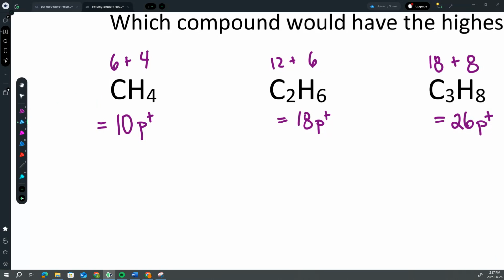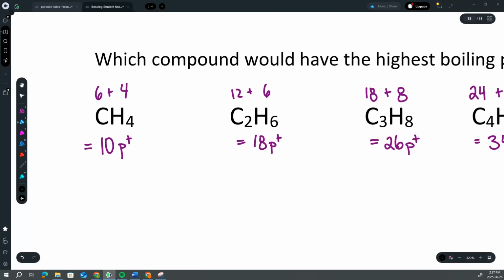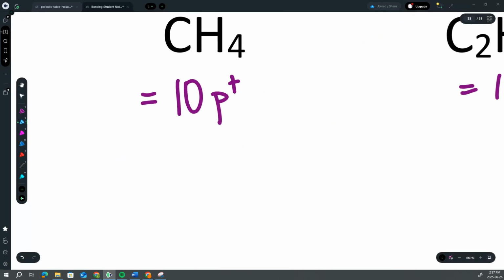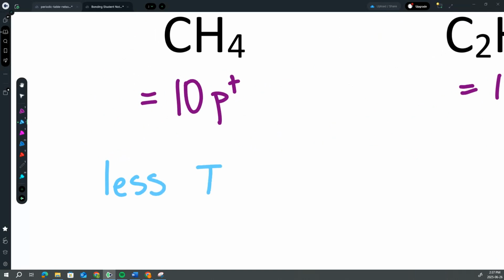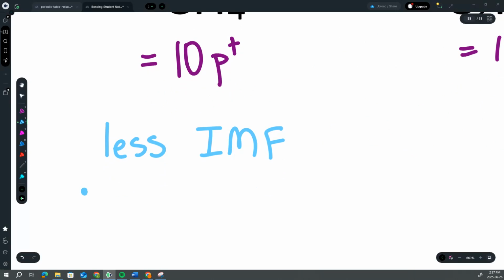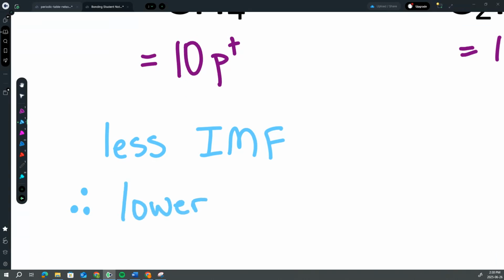Because it has less London forces, that means it has a lower amount of intermolecular forces, and the lower the amount of intermolecular forces, the lower the boiling point. So less intermolecular forces, therefore, these 3 dots in a triangle formation just mean therefore, lower boiling point.